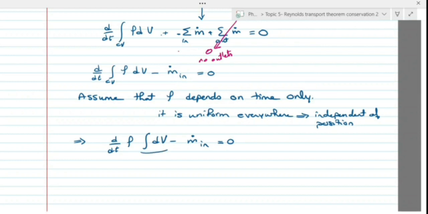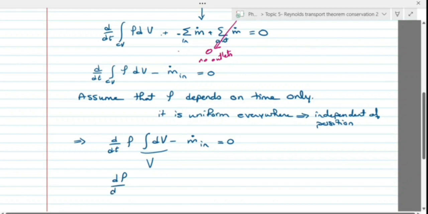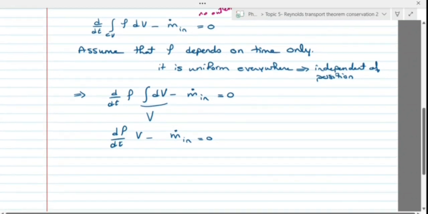And this will basically be just the volume of my control volume. I can write this as capital V, and now I get d rho by dt times V minus m dot in is equal to 0. I can rearrange this. I will get d rho by dt equals m dot in over V, which is equal to a constant.